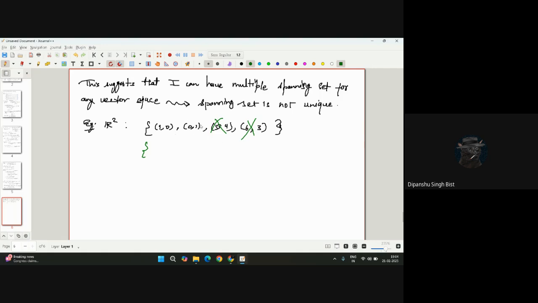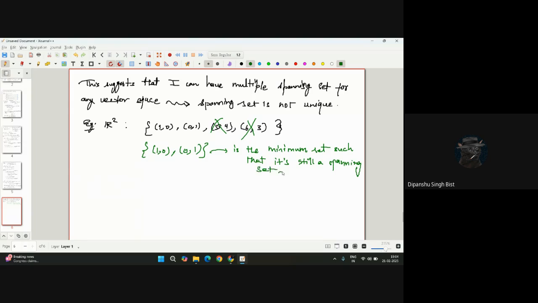We have reached the minimum limit such that it remains a spanning set. 1 comma 0 is the minimum set such that it's still a spanning set.